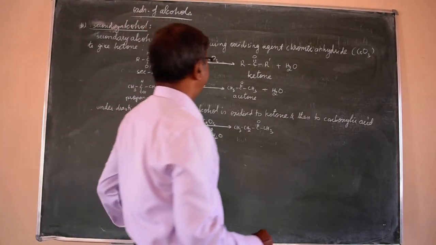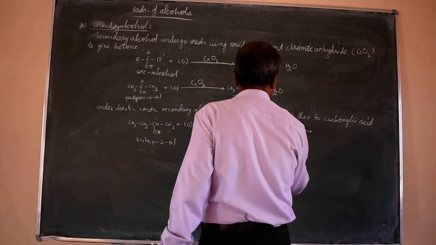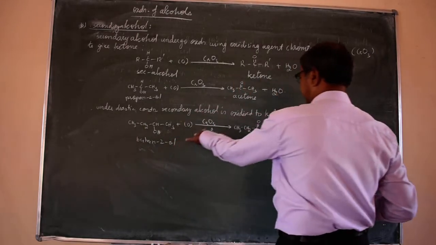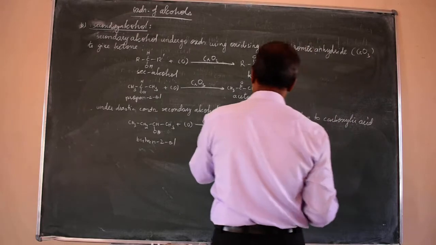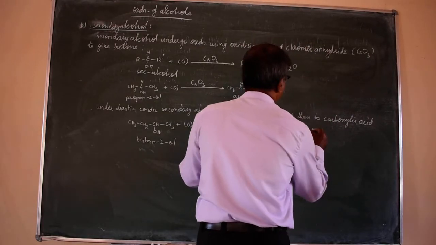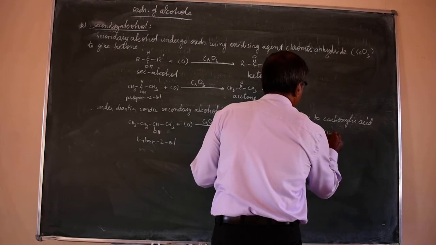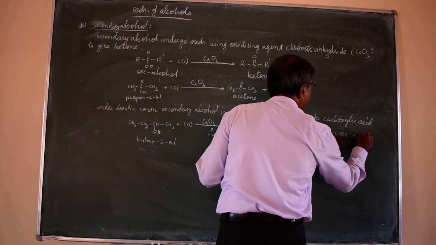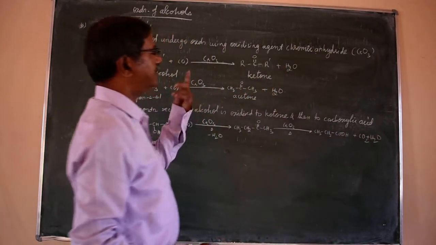This is further oxidized to carboxylic acid. Let us heat it for a long period or long time. You are getting carboxylic acid which contains a lesser number of carbons, CH3-CH2-COOH, CO2 and H2O. That means there is a reduction in the carbon.